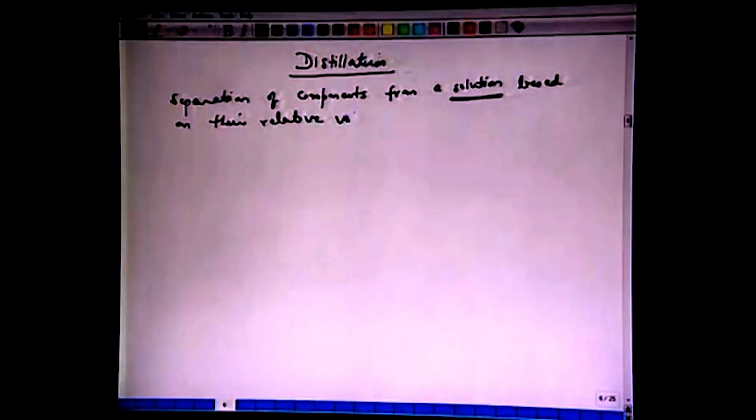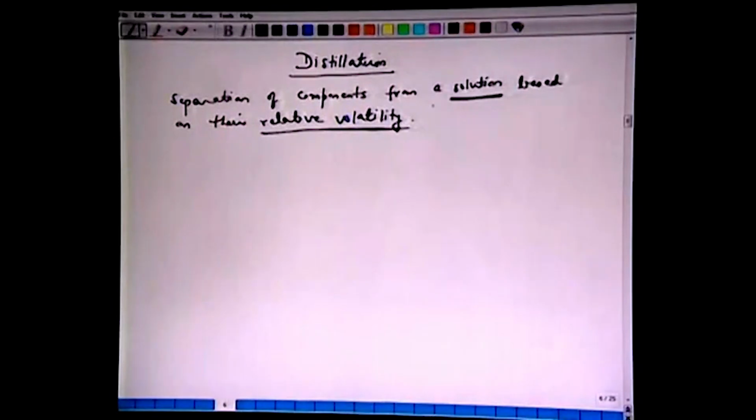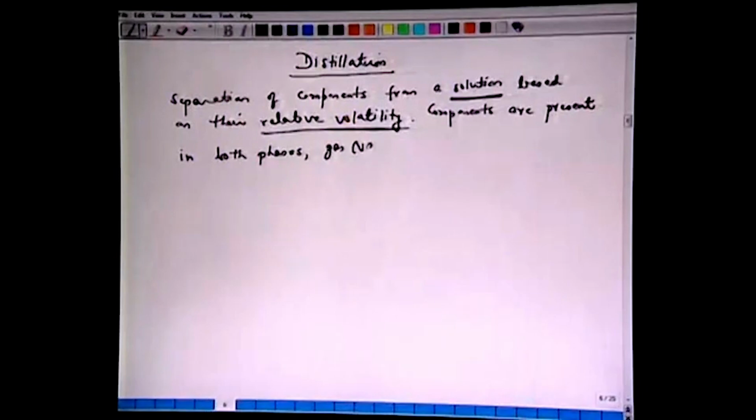So separation of components from a solution based on their relative volatility. All right. So this is the mechanism. Here it's not a solubility, which we did in case of absorptions. More important here, or also important to note here, is components are present in both phases, which is gas or actually vapor plus liquid.